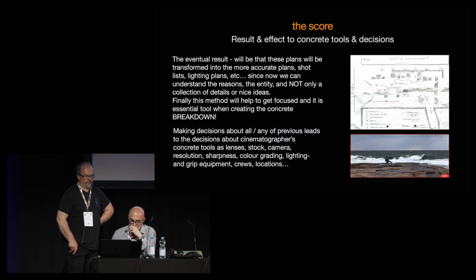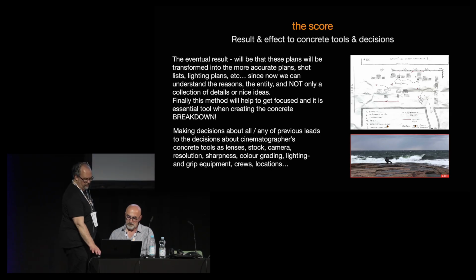And then eventually these plans are transformed into more accurate plans, shot lists, lighting plans, etc. Since now we can understand the reasons, the entity, and not only a collection of details or nice ideas. And finally, this method helps me to get focused, and it is an essential tool when creating the concrete breakdown.